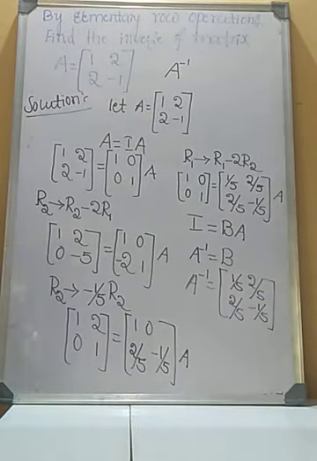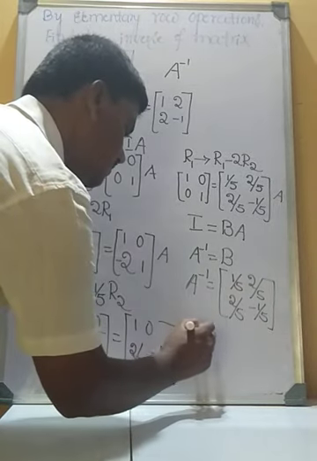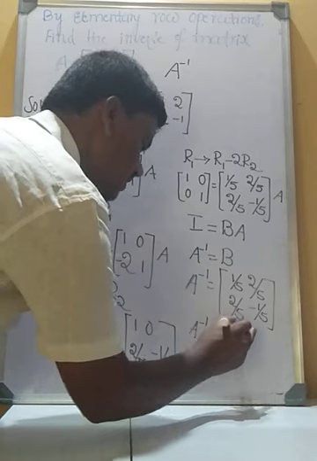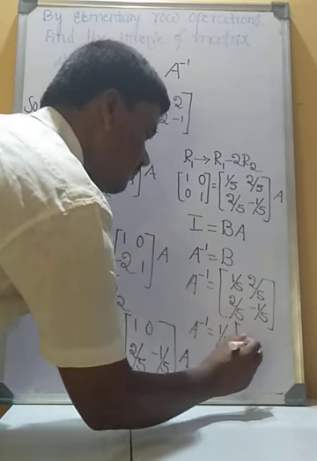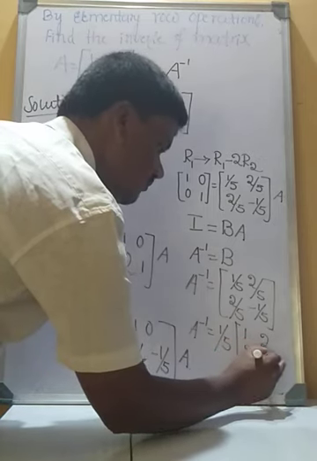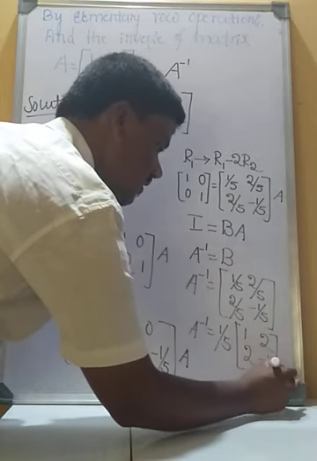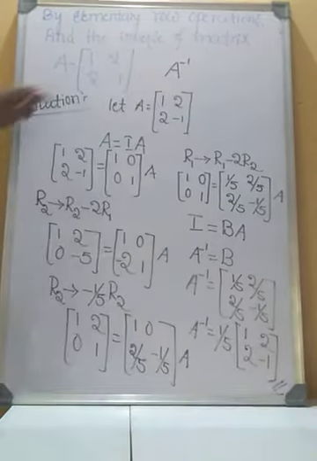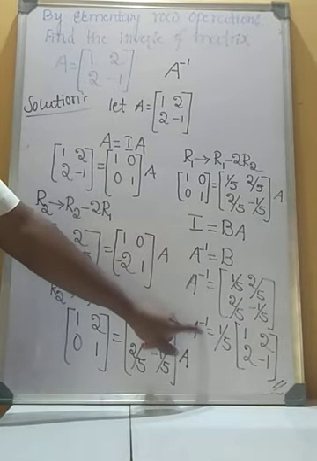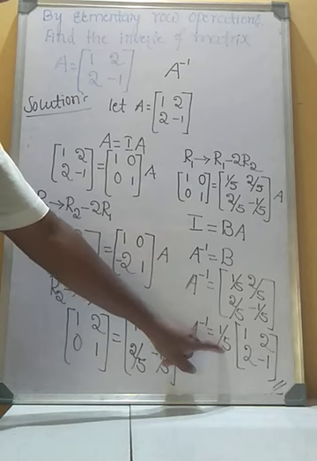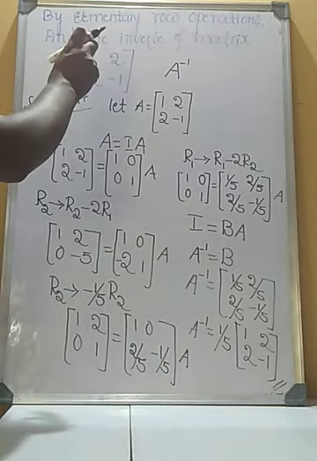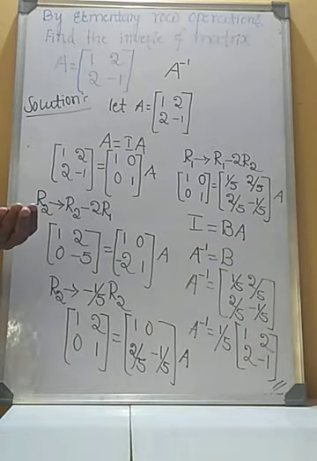So A inverse is equal to 1 by 5, taking it outside, the matrix 1, 2, 2, minus 1. This is by using row operation.